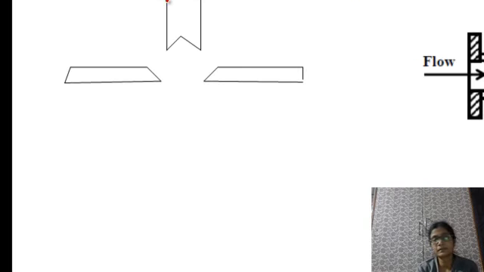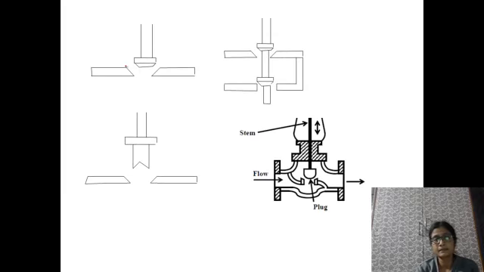This is the notch type or V-port type. Its structure is like that. And contour type is the smooth plug. For the poppet type, the seat is like this, and this will fit exactly to the seat area. So this type of structure is called poppet type.